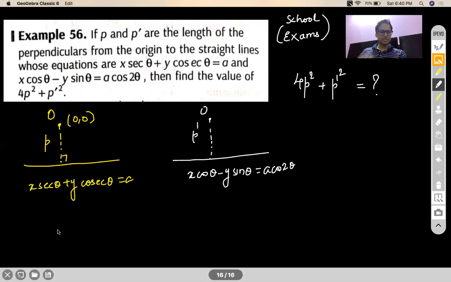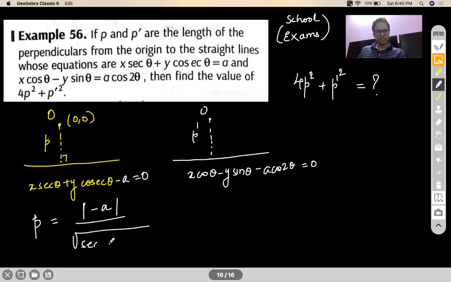Okay, simple. So your P would be mod of, now first of all you need to write your equations in the general form. So let me bring the A to the left side. In the same way, let me bring A cos theta to the left side. Okay, so your perpendicular distance would be mod of minus A by under root of sec square theta plus cosec square theta.